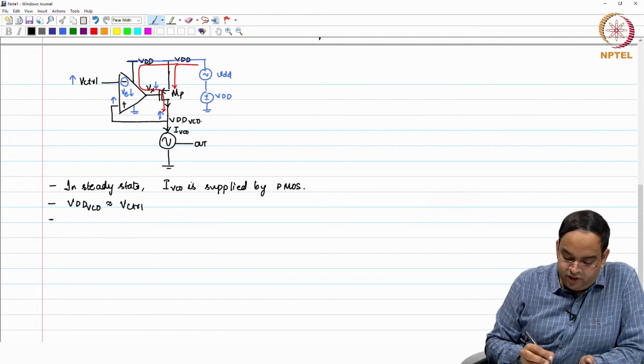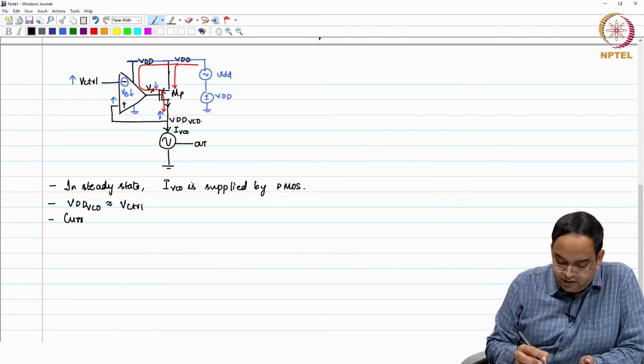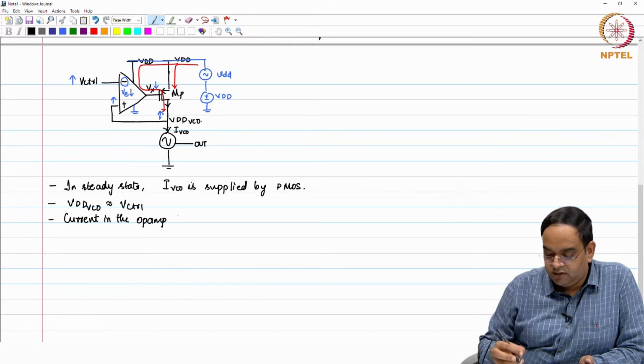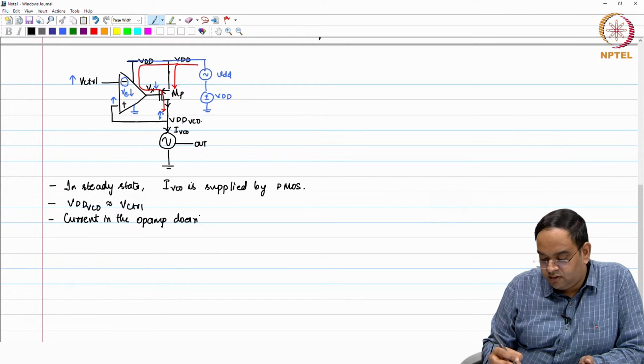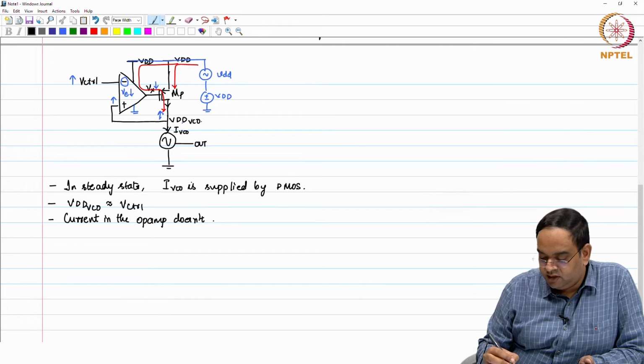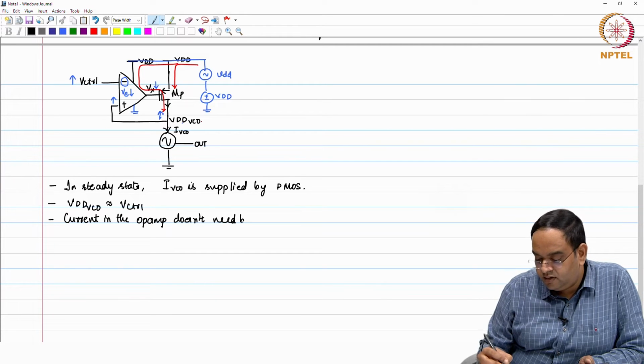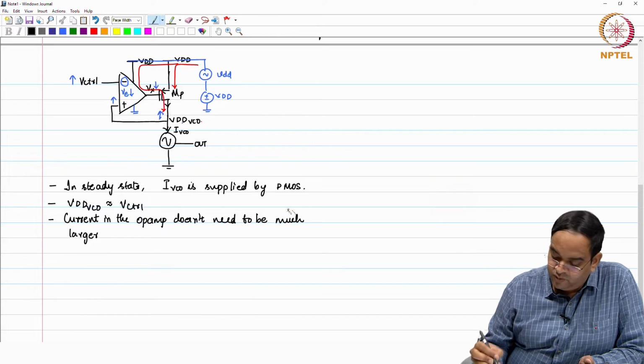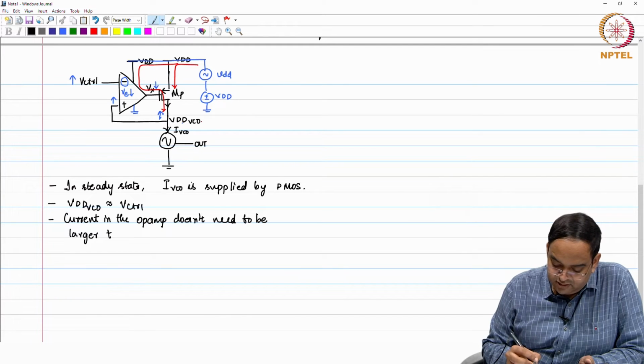Okay. So, here the current in the op-amp doesn't need to be much larger or even larger than I VCO.